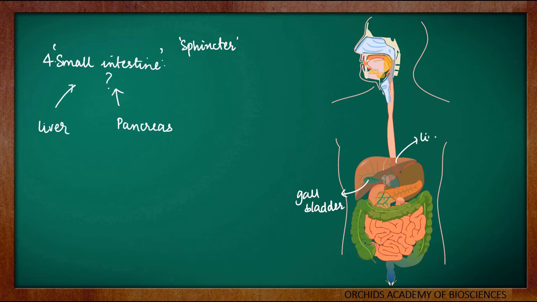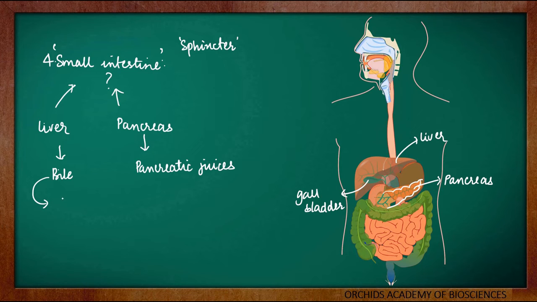So this is the liver, this is the gallbladder, and this one is the pancreas. Now the liver will be secreting the bile juice, and the pancreas will be secreting the pancreatic juices, and all this will reach the small intestine. The function of bile juice is that it converts the acidic medium of the food into an alkaline or basic medium. We know that the food coming from the stomach is acidic, and now it has to be converted into a basic condition.